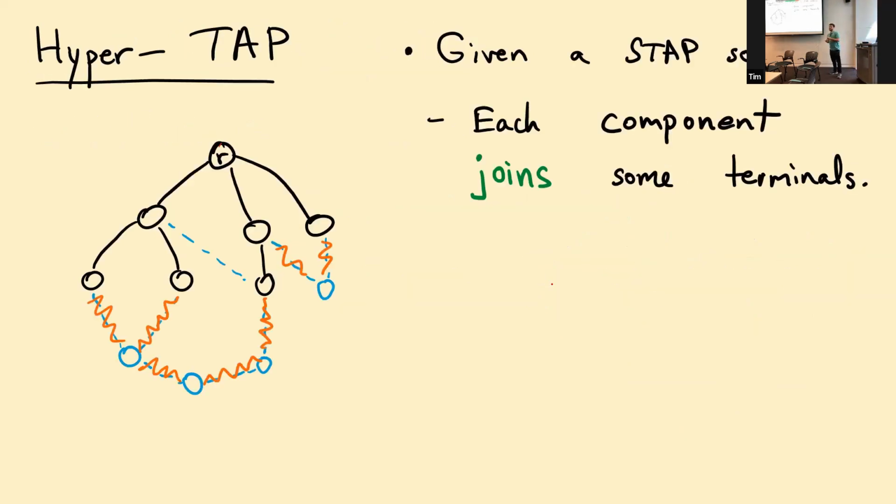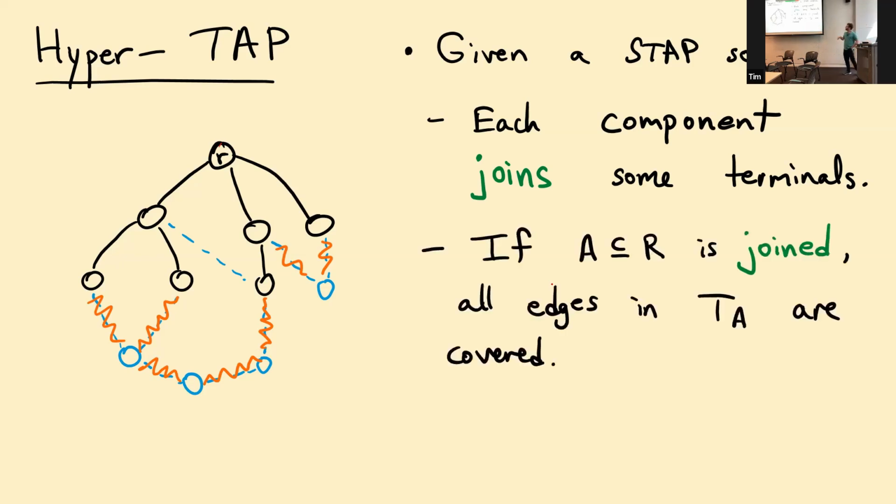Okay, so this is where we introduce something called hypertap, which I kind of alluded to earlier, where a component of a STAP solution now doesn't necessarily have the effect of joining just pairs of terminals, but it might join arbitrary subsets. So if I look at this orange STAP solution, each of the components in that solution has the effect of joining some terminals.